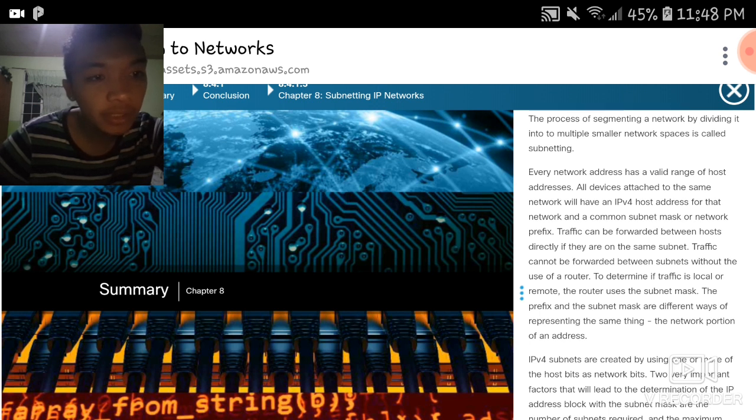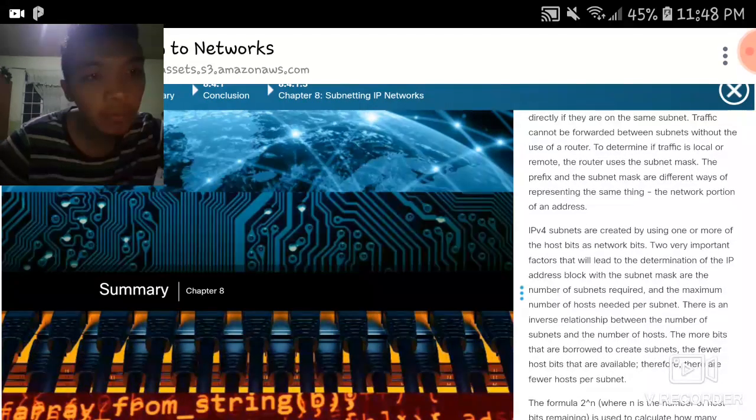The prefix and the subnet mask are different ways of representing the same thing, the network portion of an address. IPv4 subnets are created by using one or more of the host bits as network bits.